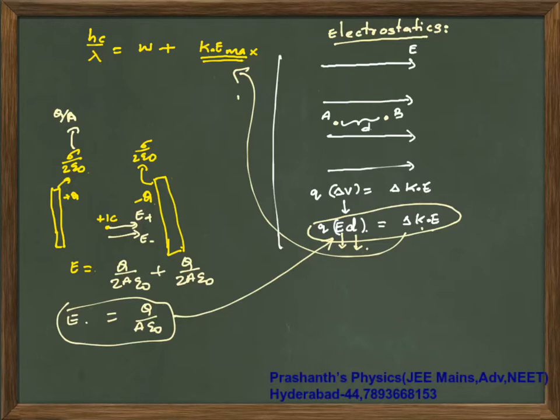Like this they can relate some basic questions to electrostatics. Don't worry, I will explain that. Indirectly, this part links with other chapters, so you can combine with other chapters.